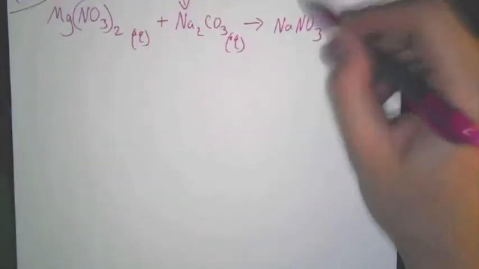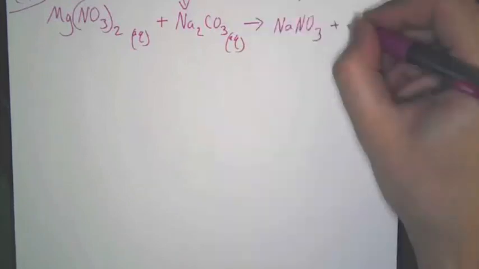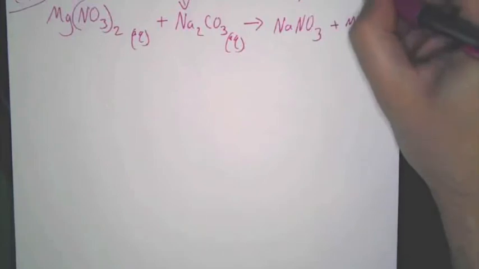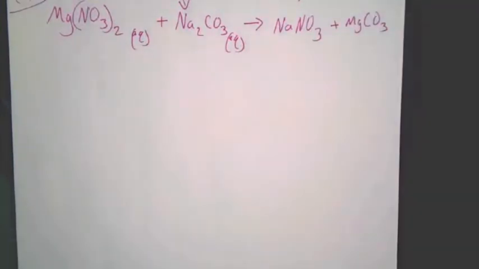So sodium goes with NO3, and sodium is +1, nitrate is −1. So when you crisscross those, it works out nicely. On the other side, you get magnesium with carbonate. Mg is +2, carbonate is −2. So again, they cancel out. Again, that's very nice.